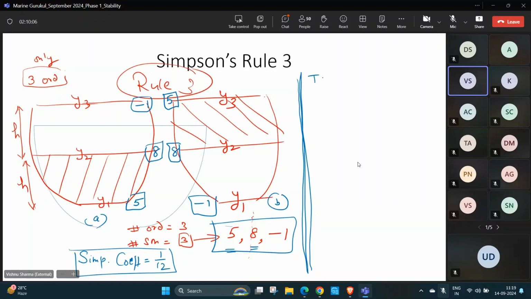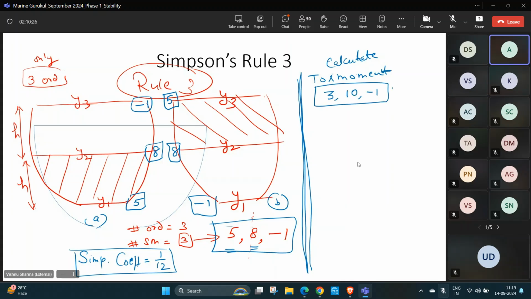So to calculate moment when you are using rule 3, we use a rule which is called the 3, 10, minus 1 rule. And as the name suggests, if rule 3 is called 5, 8, minus 1, then 3, 10, minus 1 are the multipliers.